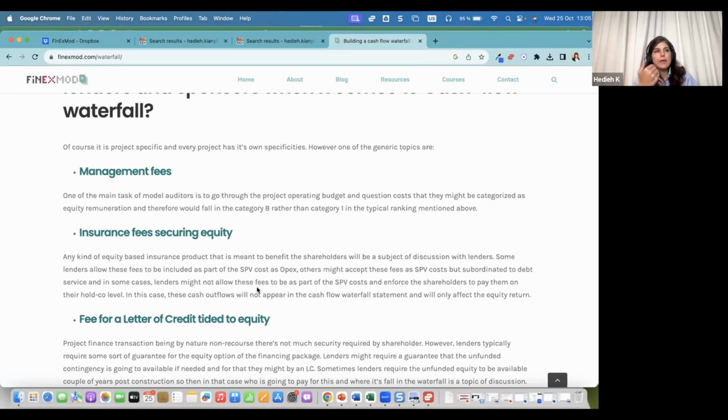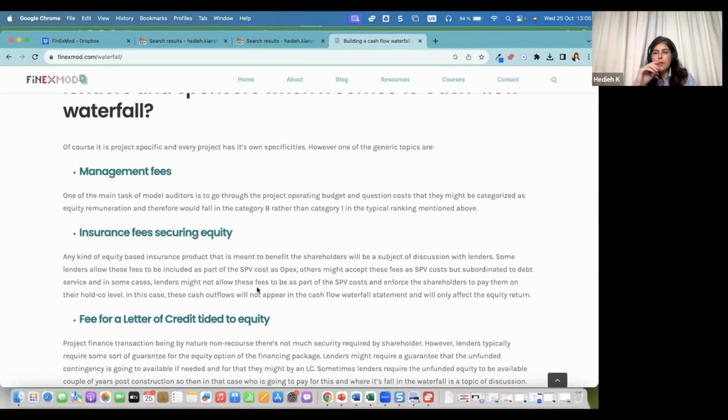This is from the point of view of the sponsor, that it will benefit them to pay it out of the project costs. However, lenders have a different point of view. They say this is something that you want to get for equity. It is your own kitchen. You want to secure your equity. So this should be paid not only out of your dividend, but it should not even be a project cost. You pay it at your company level, not at the SPV level.